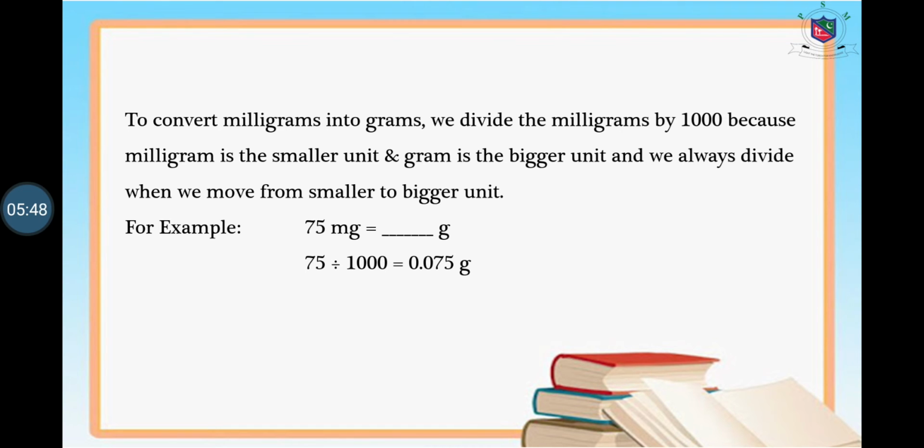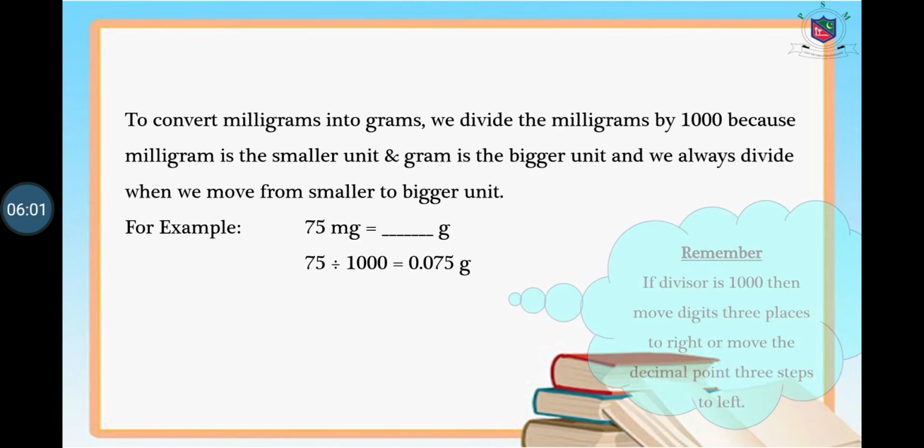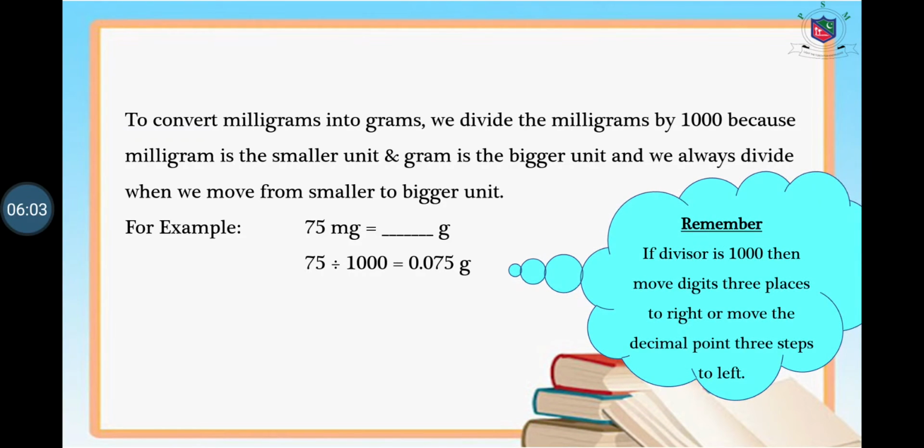So dear students, whenever we divide any number by 1000, we have to move the decimal point 3 decimal places to the left side. So we have to remember this point. In the division, we have to move the decimal point 3 decimal places for the 1000 to the left side.